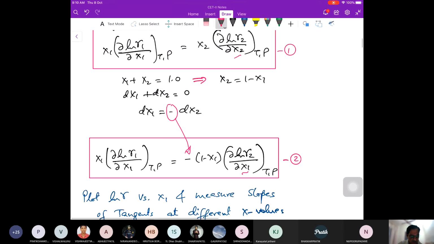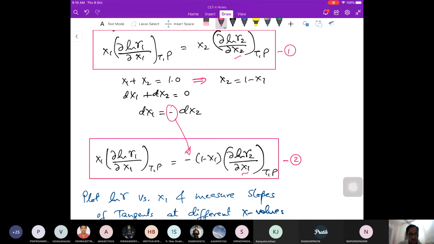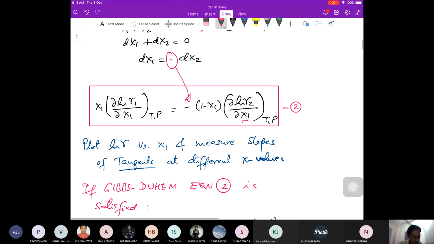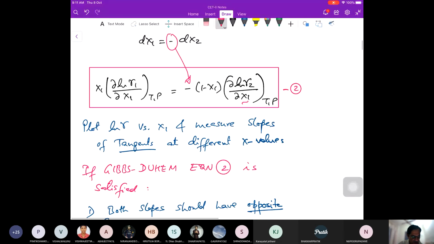Any questions on equation 2? Okay. So what we do is plot ln gamma versus x1 and measure slopes of tangents at different x values. We'll see how it is done.